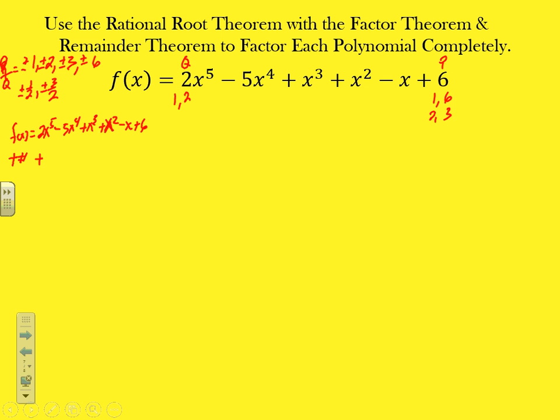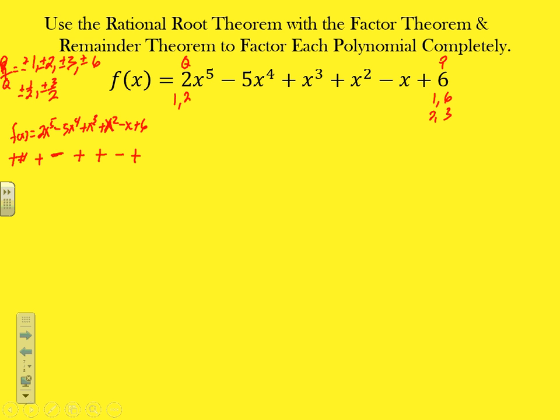Okay, so now I'm going to say negative 5 multiplied by 1 to the fourth power. Well, that would give me a negative sign. If I say positive 1 to the third power, that would give me a positive sign. 1 to the second power would still be positive. Negative times a positive 1 would change that to a negative. And so here, positive 6 is just positive.